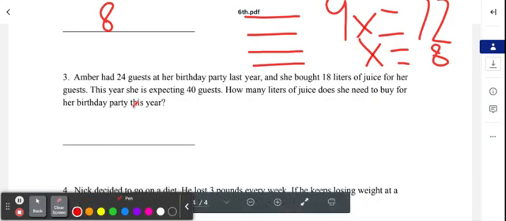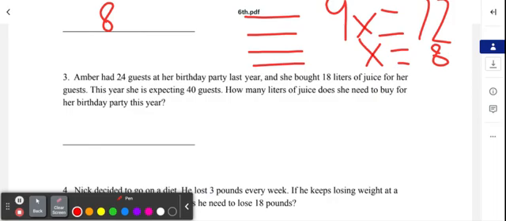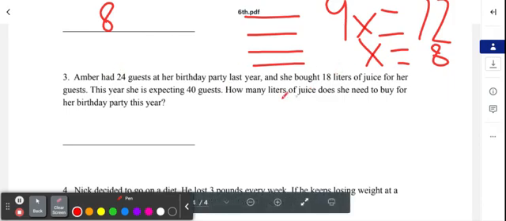You can do what I said before, find how many liters of juice she would need for one guest. But in this case, it would probably be simpler to find a common factor, the GCF, greatest common factor, for 24 and 18, and that would be 6.